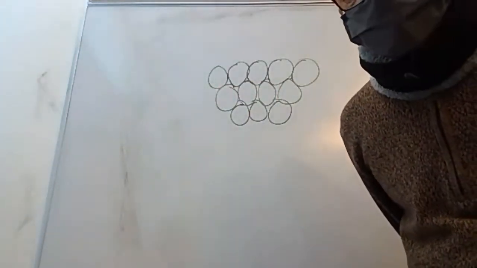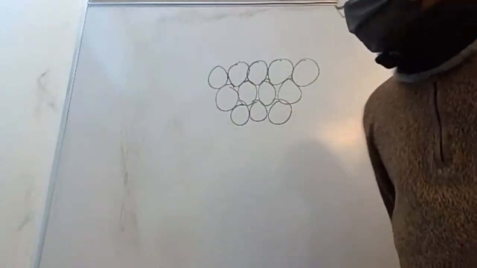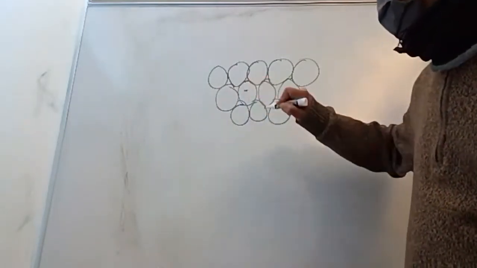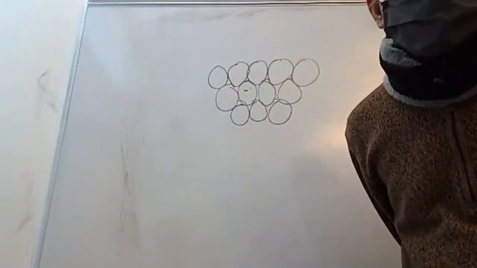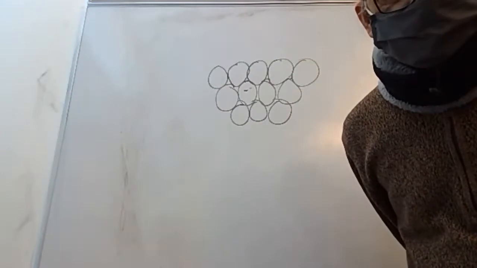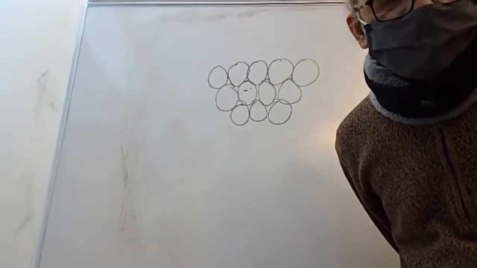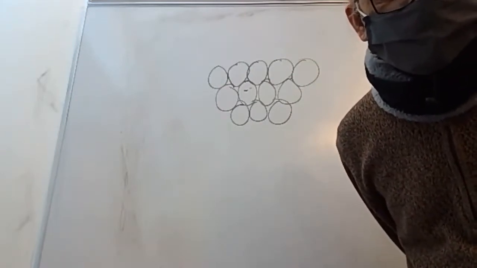For a trained eye, when you look at this particular circle here, or this particular atom, it is surrounded by 6 others, right? So this is almost like a hexagonal packing, like a benzene ring.